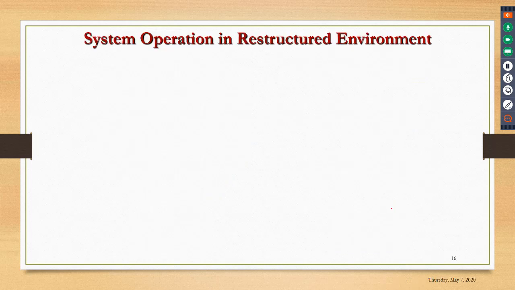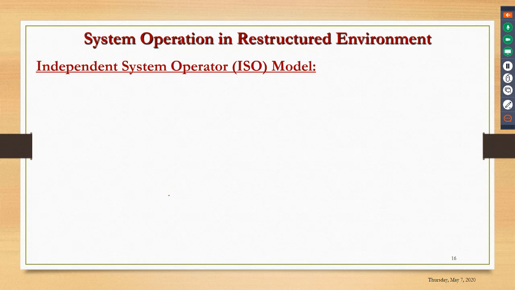So this is the structure of the electricity system. Now, how does the electricity system work, that is, how does the system operate in a restructured environment after the restructuring took place? There are two types of models involved.